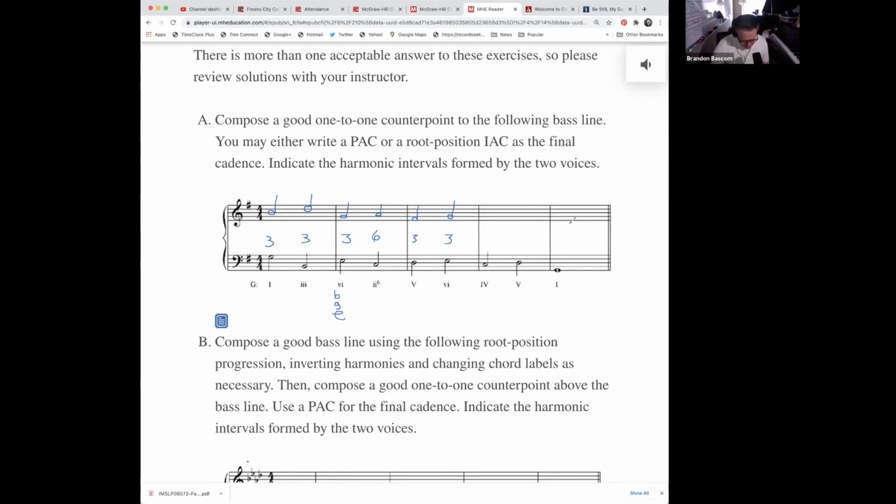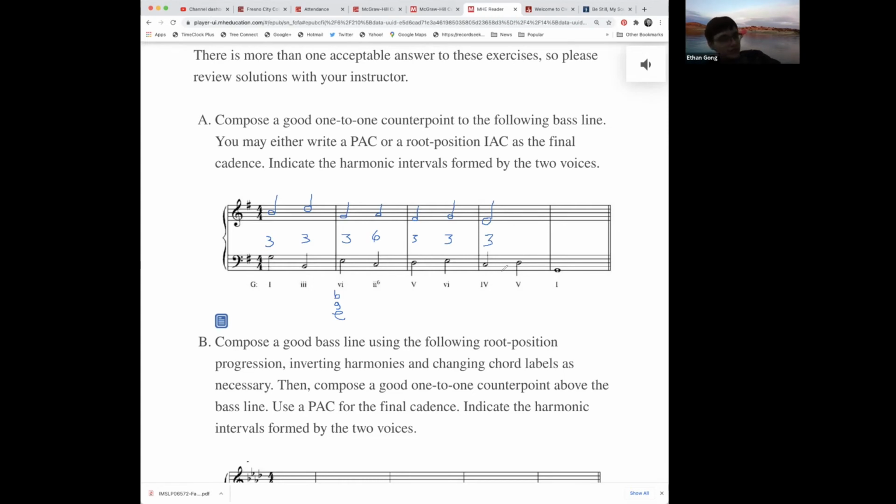Is that bad? Yeah, it's not good, but... So you're telling me you want to go to the E? E. Then I guess G.